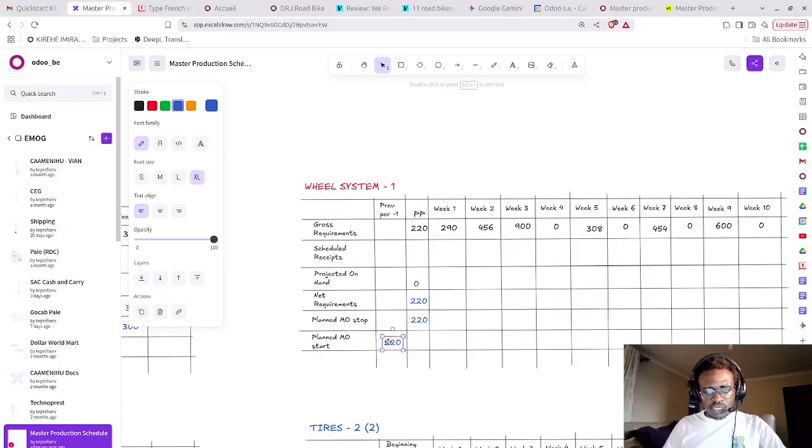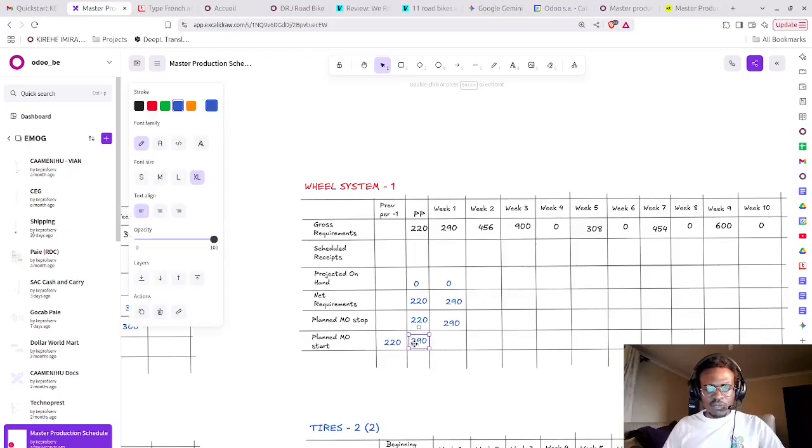So they need to be starting before, and then 290, I have 0 sub-assemblies on hand, and they can be also kits and all that. So this will be 290, that's my net requirement. Planned MOs, I need to be having an MO for 290 bikes ending on this week, so that I can have the bikes. So I need to start an MO for that.